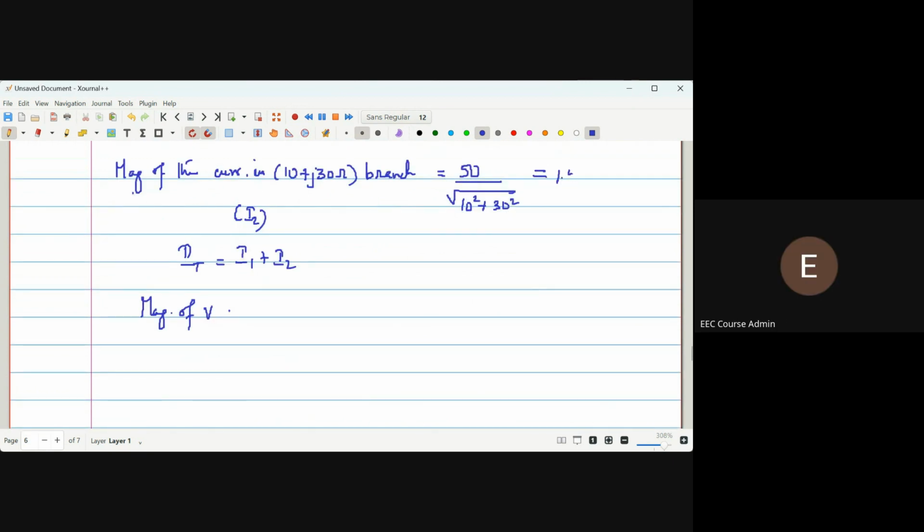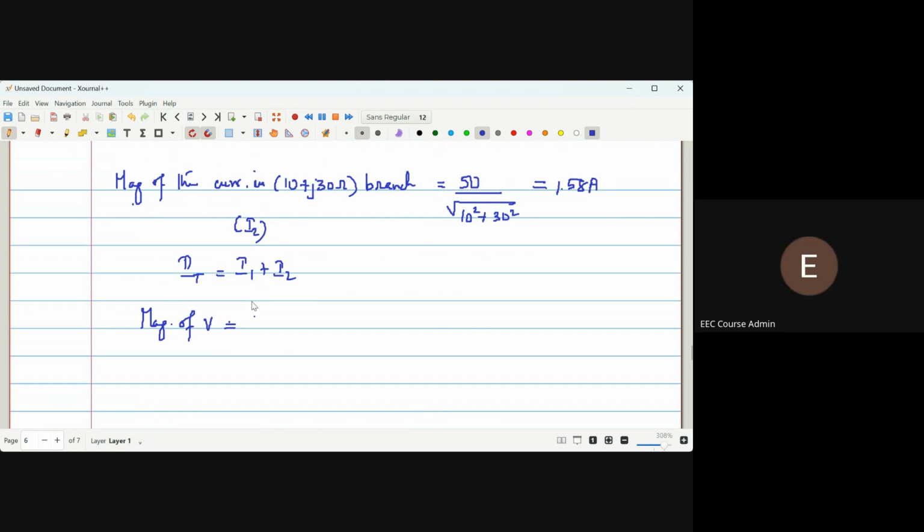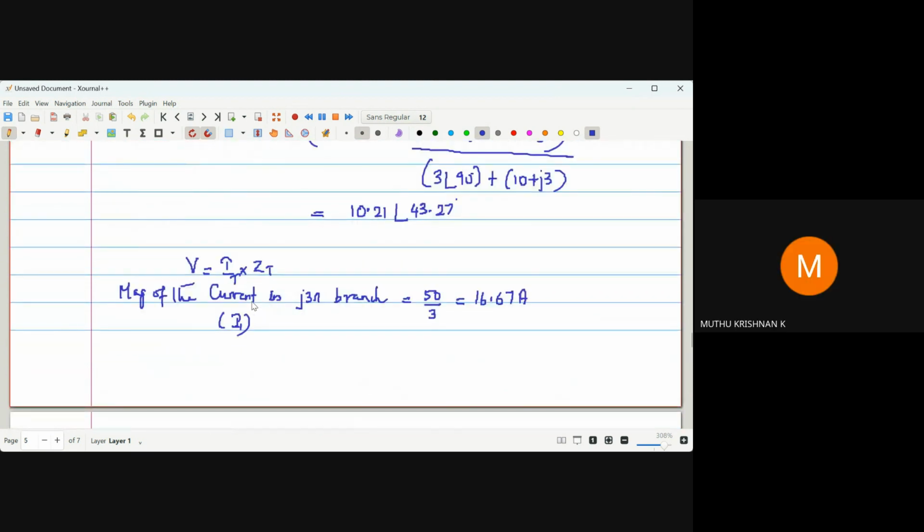Ma'am, while calculating the magnitude, shouldn't we calculate it at the last step? What do you mean by the last step? Initially we calculated the current through J3, right? So at that time, we should keep the negative. See, don't get confused. The question is we are asked to calculate the magnitude of the applied voltage V. Yes, ma'am.